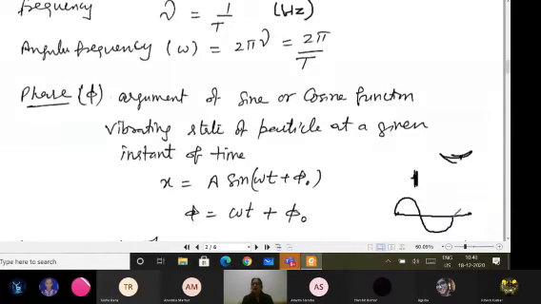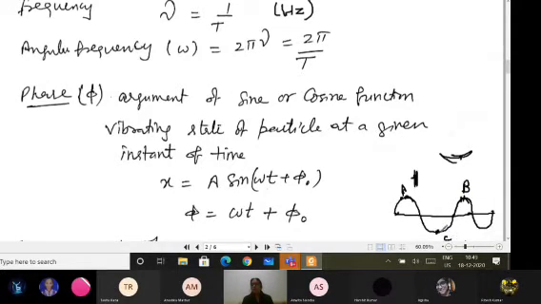If I am representing it by a sine curve, then at this point the particle is here, at this point it is there, so they are out of phase. But if I continue with the motion and here I take particle A, and here particle B, they are in the same state of vibration; it is also about to come down, it is also about to come down.